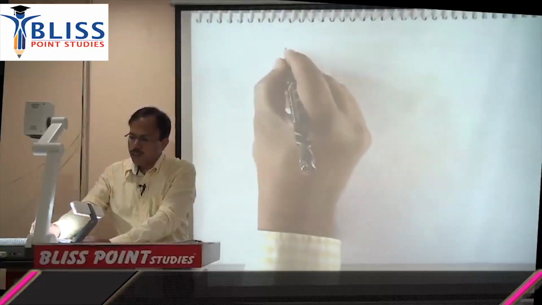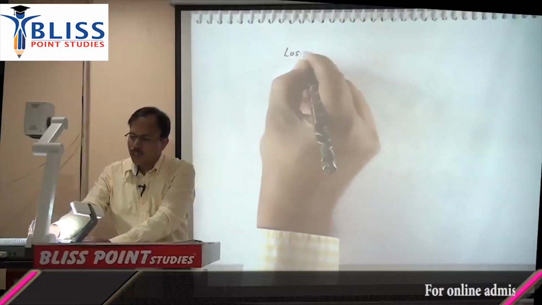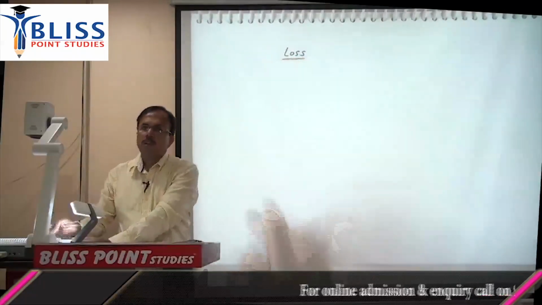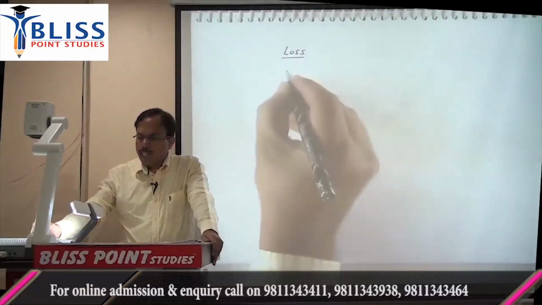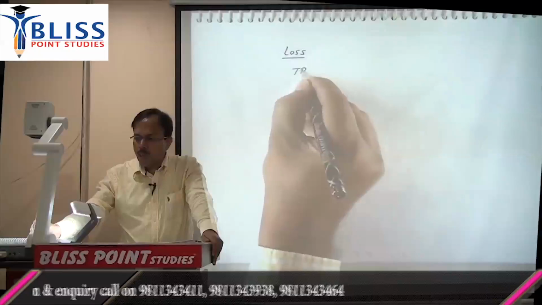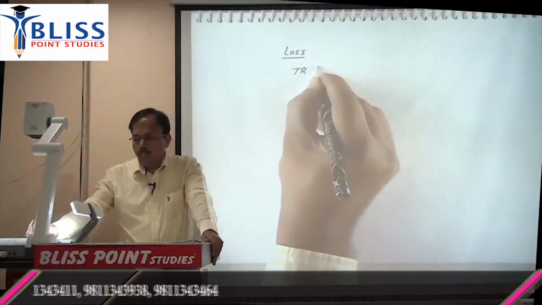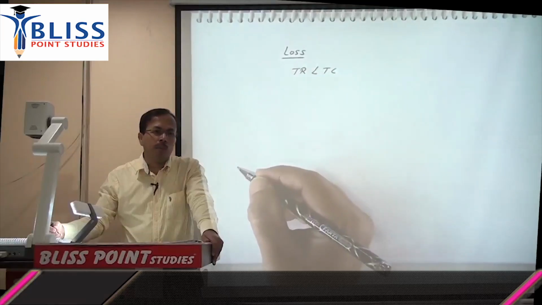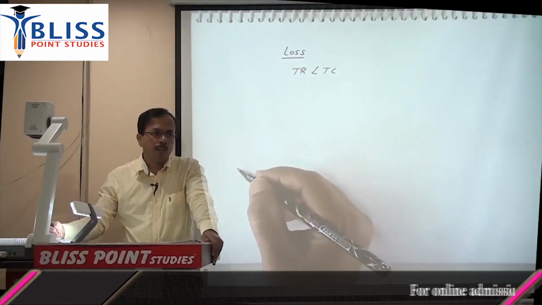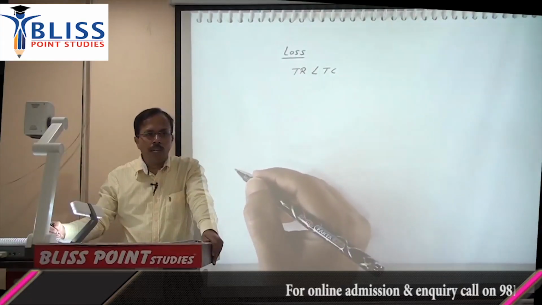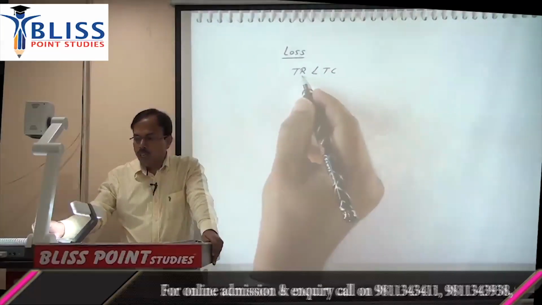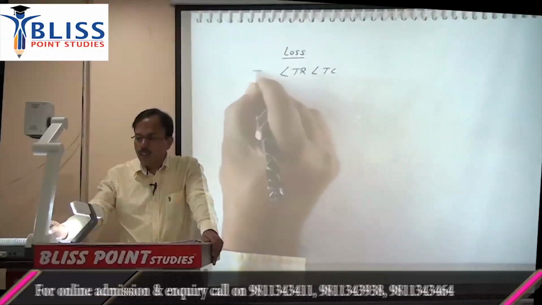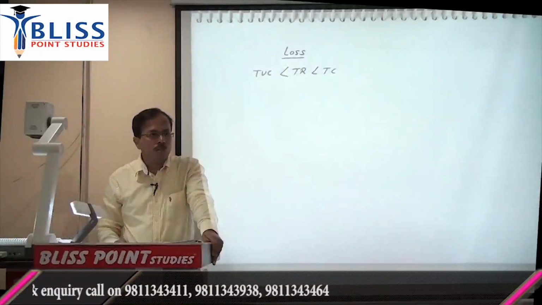सेकंड कंडीशन ले रहे हैं लॉस के लिए. तो when there will be loss, when total revenue is less than total cost, but in loss when firm will operate. In loss firm will operate only when total revenue is greater than total variable cost.